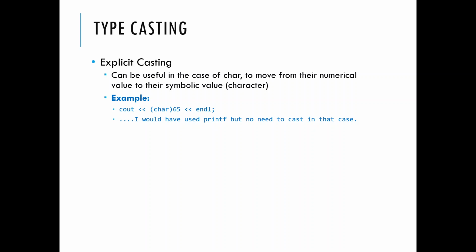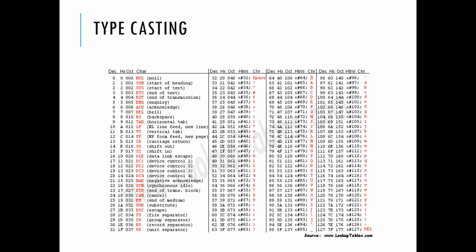That's the character. I think it's the character A, right? It's not the number 65, it's the character A, and I'm allowed to just sort of cast one thing one way or another. The binary underneath it all is exactly the same. But casting allows me to say, no, I'm going to interpret it one way, or I'm going to interpret it a different way.